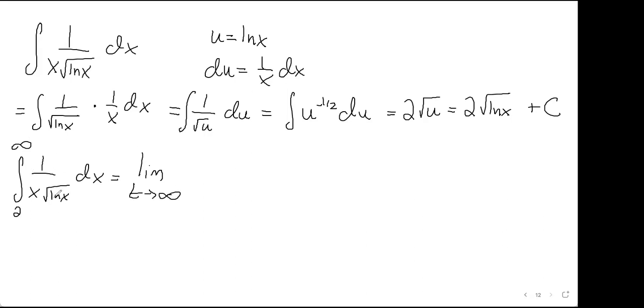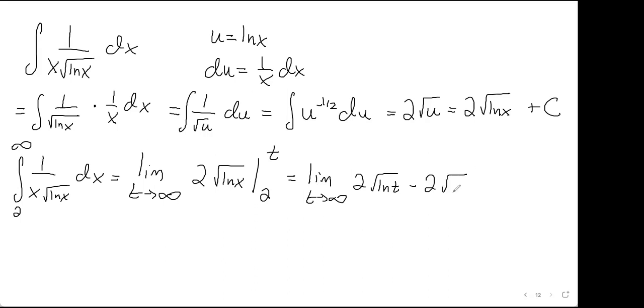We are integrating this, which means we get this antiderivative, 2 square root of the natural log of x. And that's what we're evaluating from 2 up to t. Then substitute in 2 square root natural log of t minus 2 square root natural log of 2.